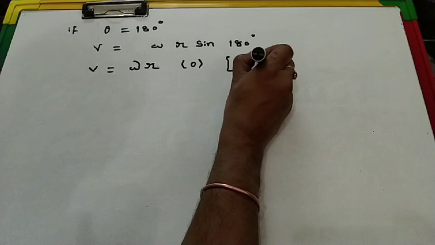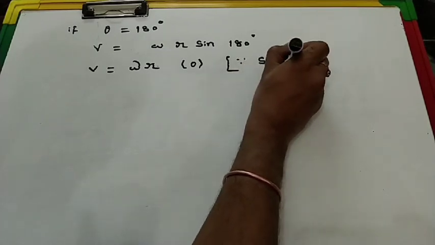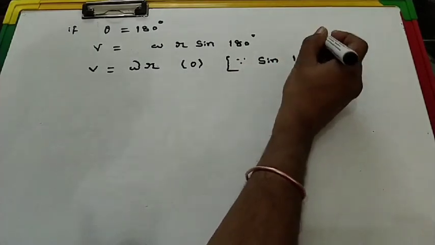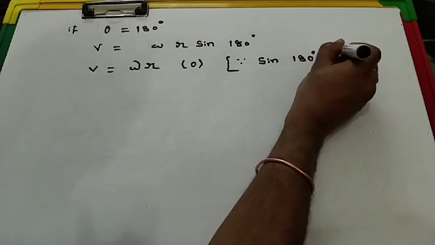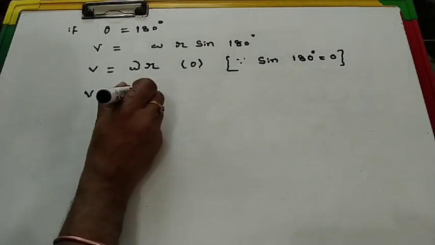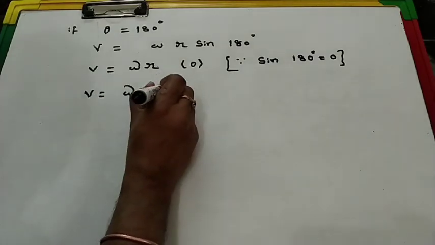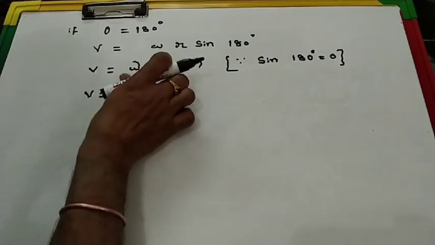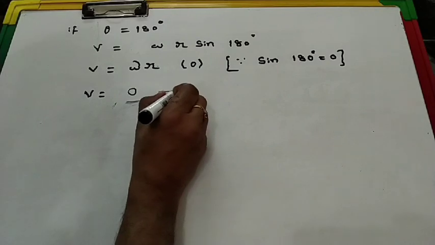Since sine 180 degrees is equal to 0, V is equal to 0. That means minimum.